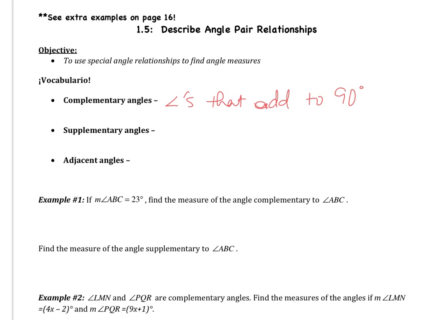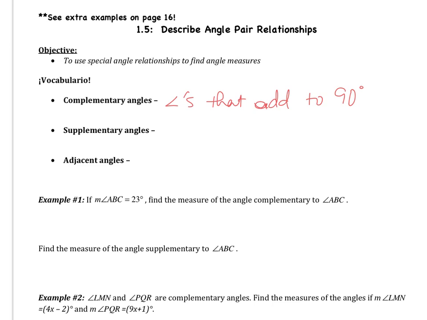Or 90 minus 45 is 45. 45 plus 45. All right. So now, what if I said that I have 112 degrees? What's its complement? It doesn't have one.